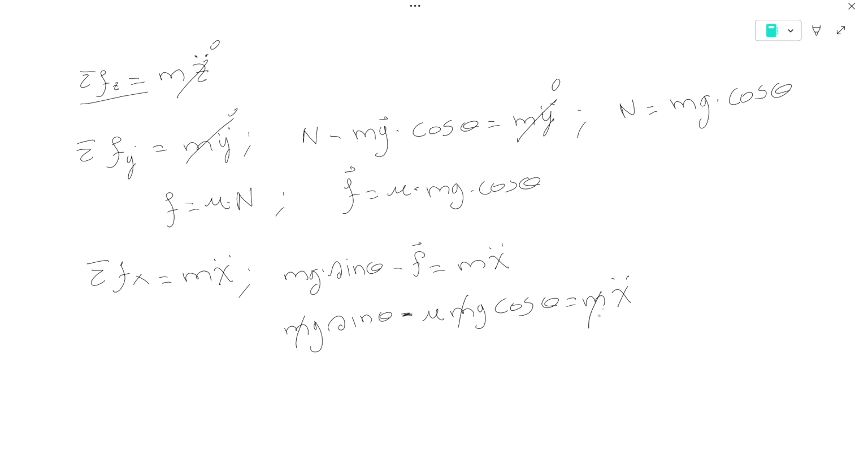So m cancels out, g that multiplies sine of theta minus mu cosine of theta is equal to x double dot.